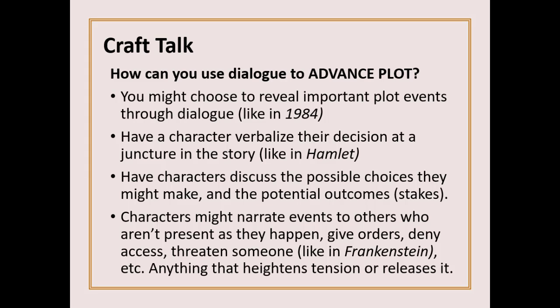You could have characters discuss the possible choices they might make and the potential outcomes. This isn't a plot event per se, it's more like the characters verbalizing for the sake of the reader what the potential outcomes are, but what that does is it demonstrates the stakes. We know what is at stake for them if they choose X, Y, or Z. I've seen this done many times in several books.